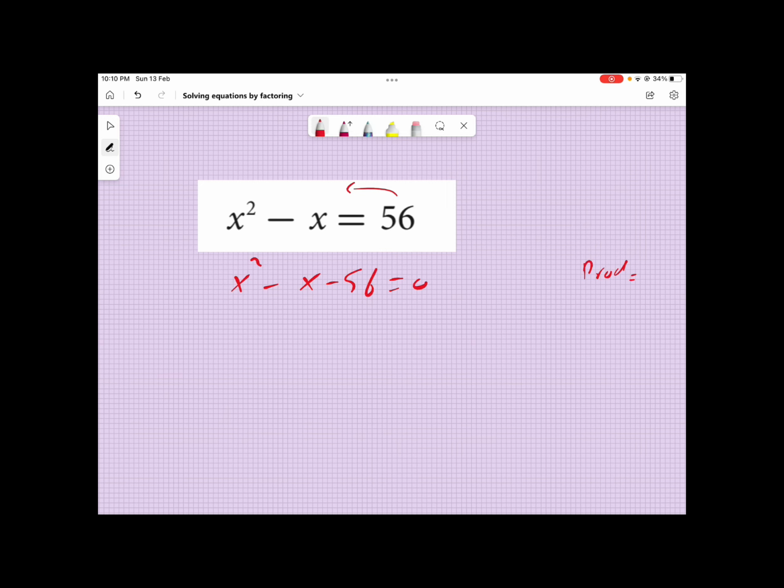The two numbers, their product is negative 56 and their sum is negative 1. Starting from 1 times 56, 2 times 28, 3 cannot be, 4 times 14, and 7 times 8.